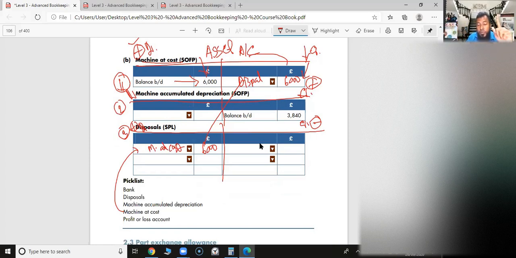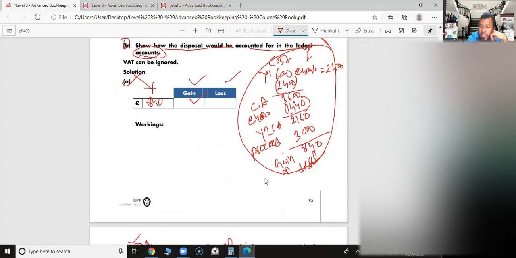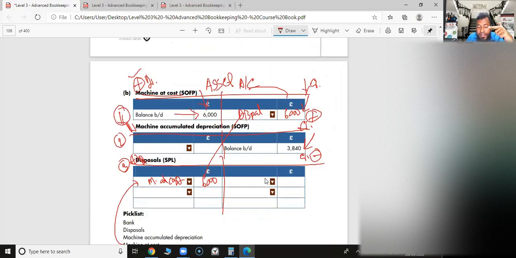Second thing, I need to remove my accumulated depreciation because the asset has gone. How much is the depreciation? 3,840. And I think we found 3,840 as well. How much was the depreciation? First year 2,400 and second year 1,440. That's how we got 3,840. And that 3,840 was credited here. Now it should be debited in the accumulated depreciation.